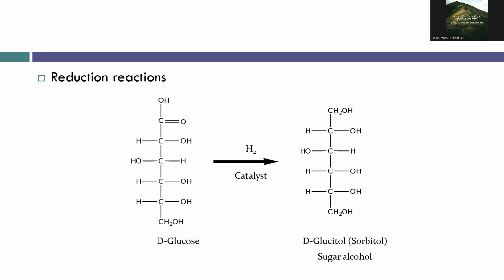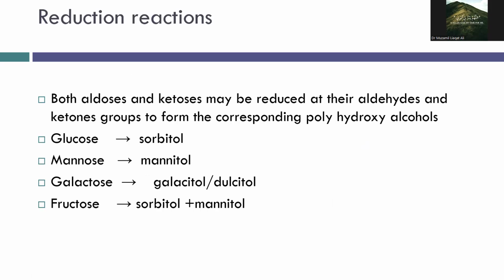D-galactose leads to D-galactitol, that is dulcitol, right? D-fructose leads to sorbitol plus mannitol formation. So sorbitol accumulation in the lens in diabetic patients contributes to cataract formation via the polyol pathway. Mannitol is used clinically as an osmotic diuretic.